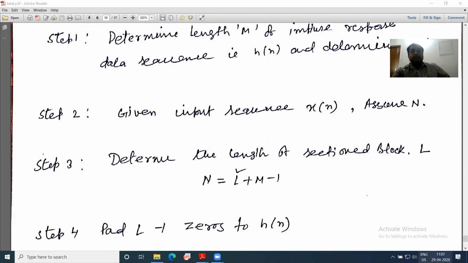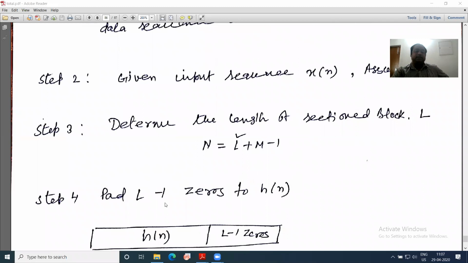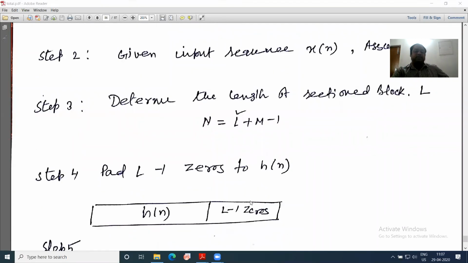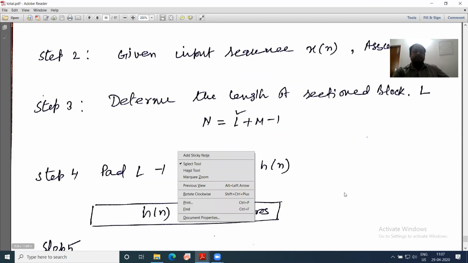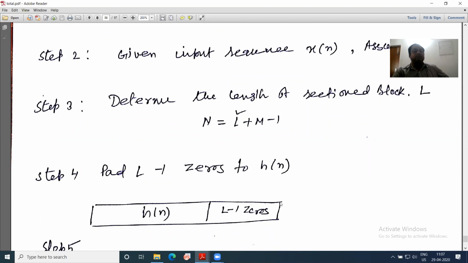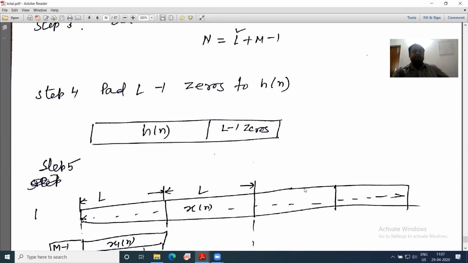Now what you have to do, you have to pad L minus 1 zeros to hn. That means some hn will be given, in that you have to add L minus 1 zeros. Okay. Now step 5.